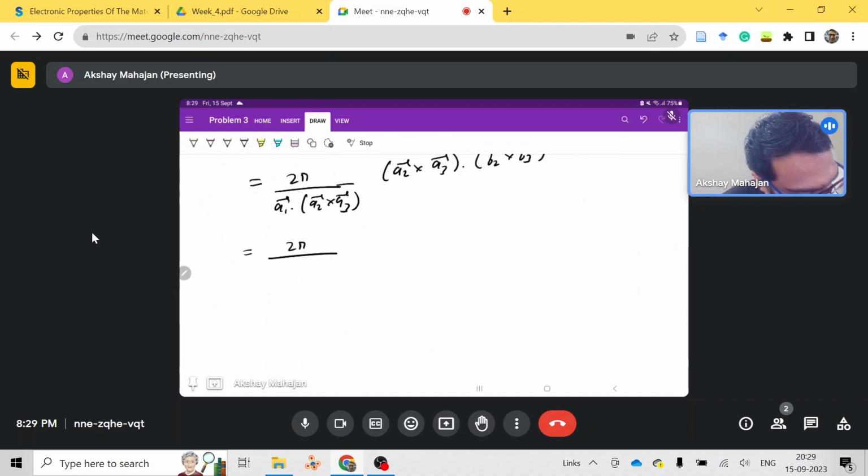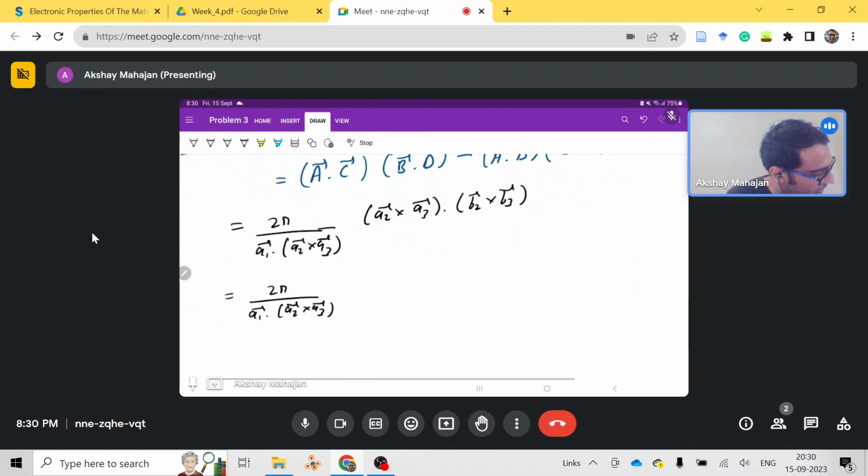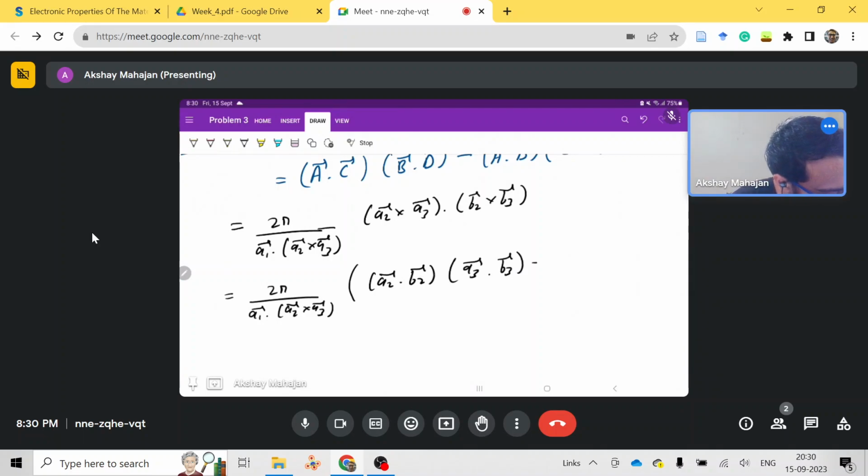So from here we have 2 pi over e1 vector dot e2 vector cross e3 vector, and this I can write as e2 vector dot b2 vector times e3 vector dot b3 vector minus e2 vector dot b3 vector times e3 vector dot b2 vector.